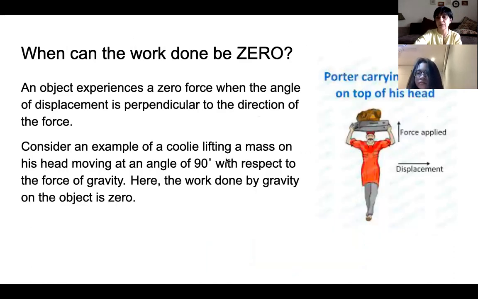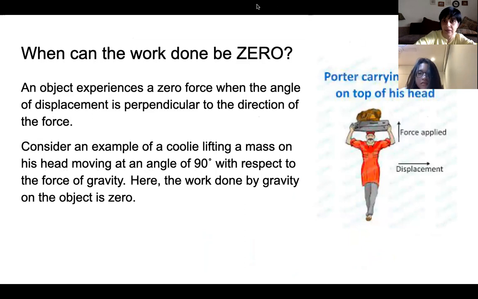Let's look at this example. This is a porter who's got some luggage and he's moving forward. What is the position of the luggage here? Where is the luggage placed? On his head.